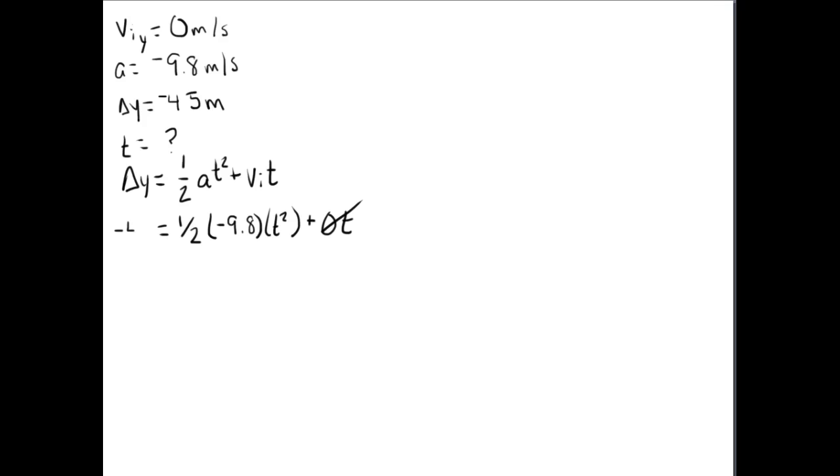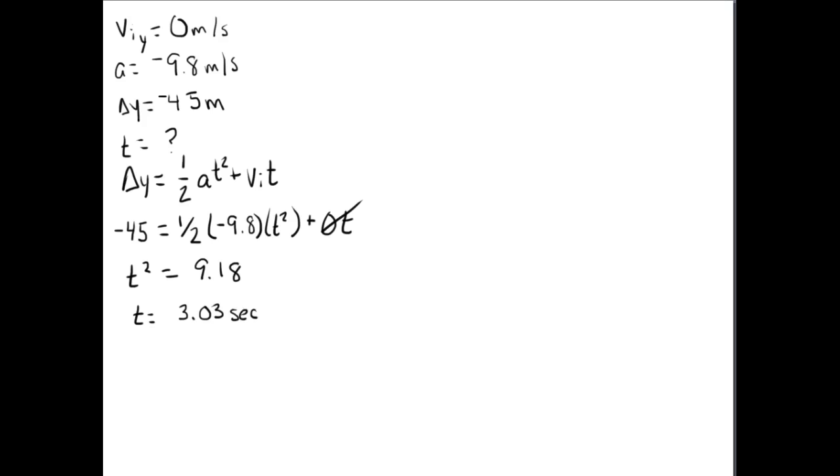This all equals negative 45, of course. So if we solve for this, I'm going to skip a step here, but you need to show me this step. t squared equals 9.18. Take the square root of both sides, and we get t equals 3.03 seconds.